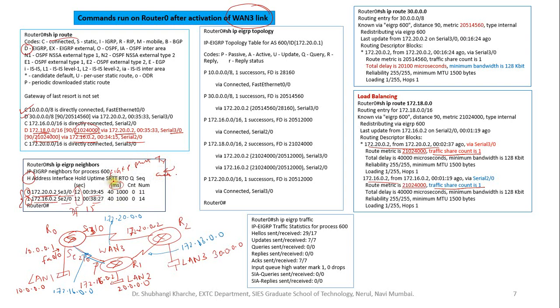And then the retransmission timer is the time period for which the EIGRP router waits before retransmitting a particular packet, and this time is also in milliseconds.